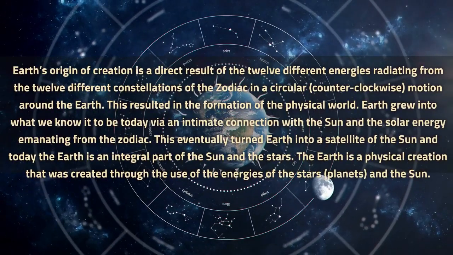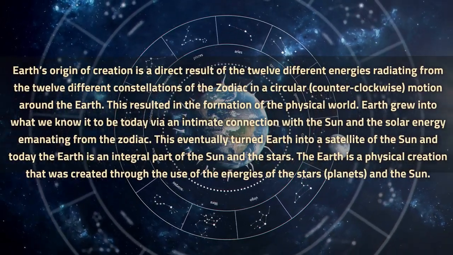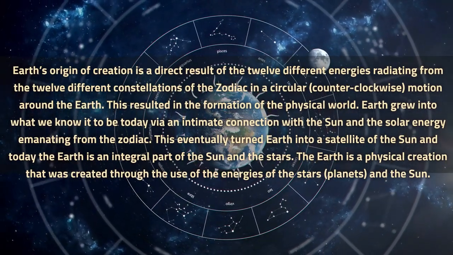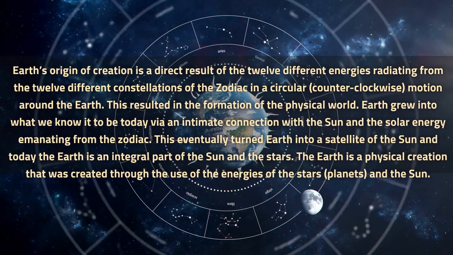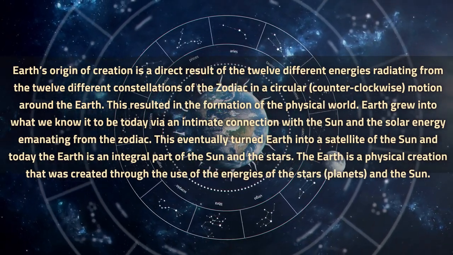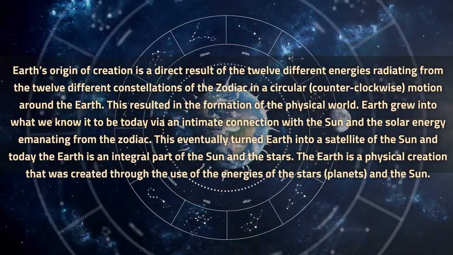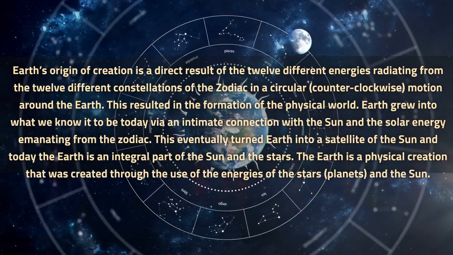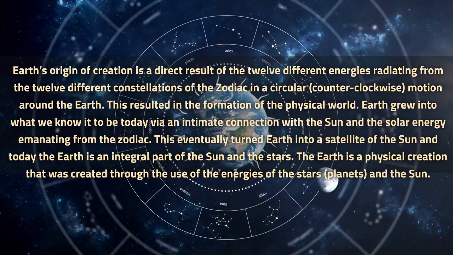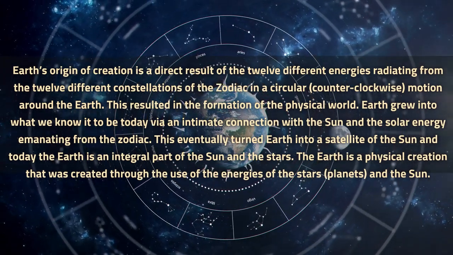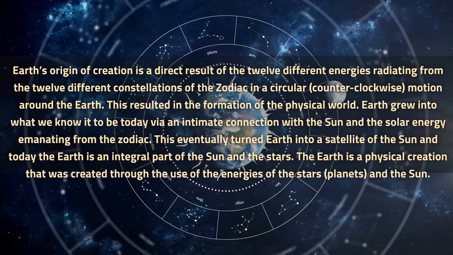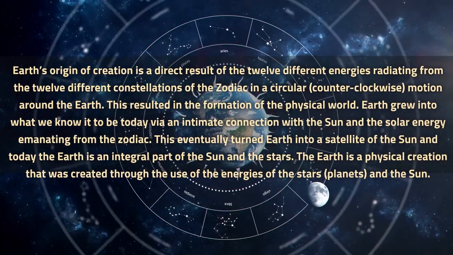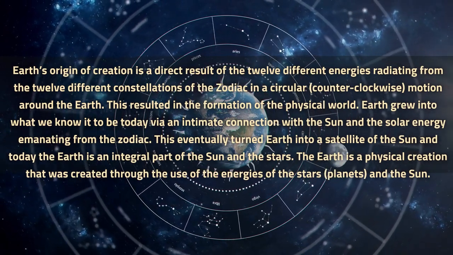Earth's origin of creation is a direct result of the 12 different energies radiating from 12 different constellations of the zodiac in a circular, counterclockwise motion around the Earth. This resulted in the formation of the physical world. Earth grew into what we know it to be today via an intimate connection with the sun and the solar energy emanating from the zodiac.